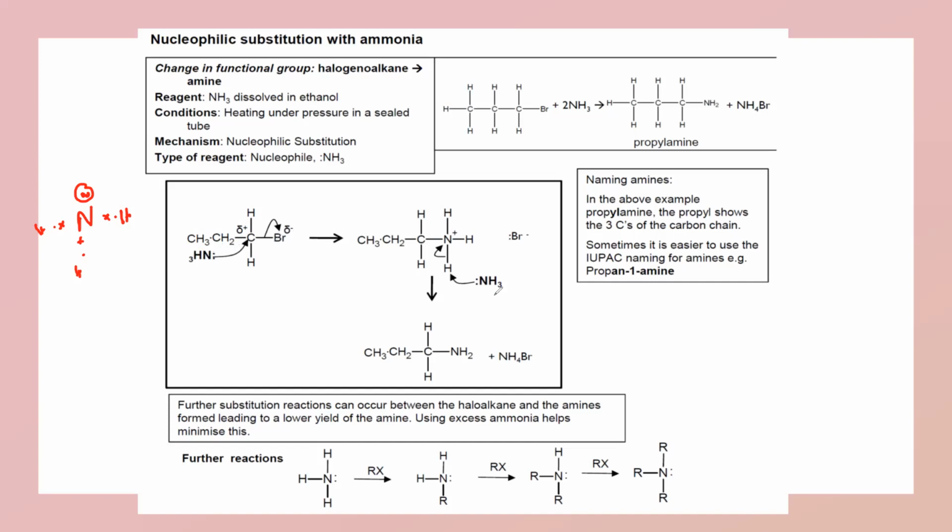Then there will be another molecule of ammonia with a lone pair, and that will attract the hydrogen, and try to form a bond with hydrogen, a dative bond. So it will form an ammonium ion, and the electrons involved in the bonding are taken by the nitrogen. So this charge will be removed from nitrogen and we will get the overall product.